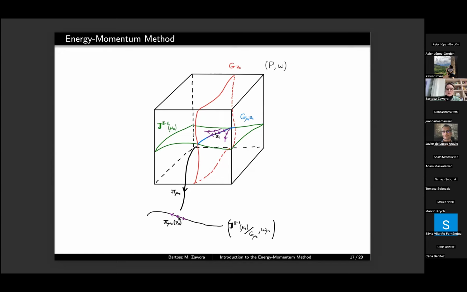To be more precise, we just need to study the positive definiteness of that second variation of h_psi. This is the main advantage of the classical energy momentum method.